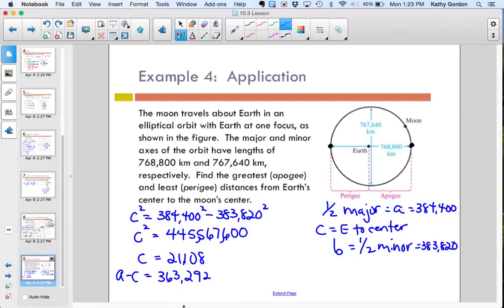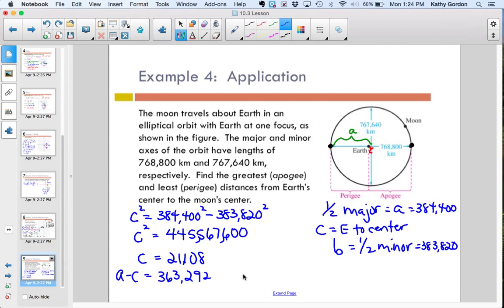So is that the longest or the shortest? The shortest. Because this is A, and this right here is C. So taking A minus C gives us our shortest distance.